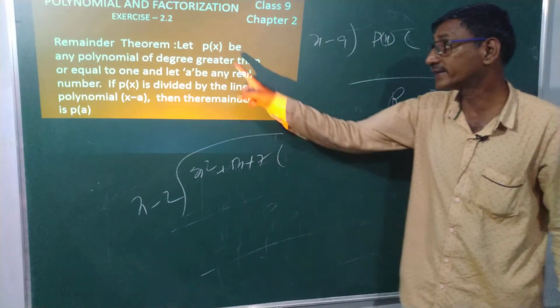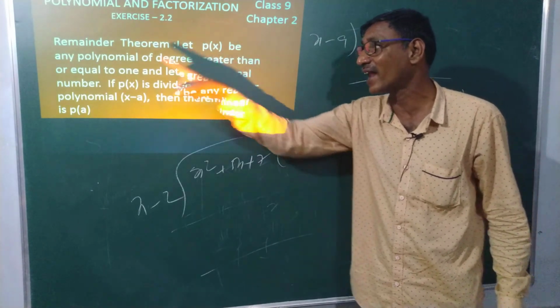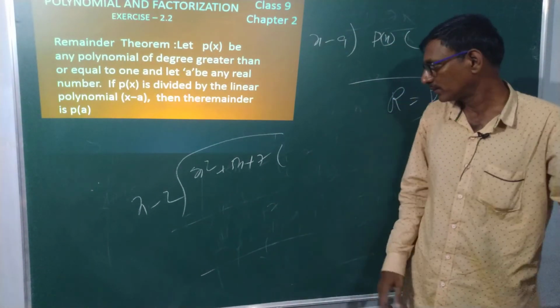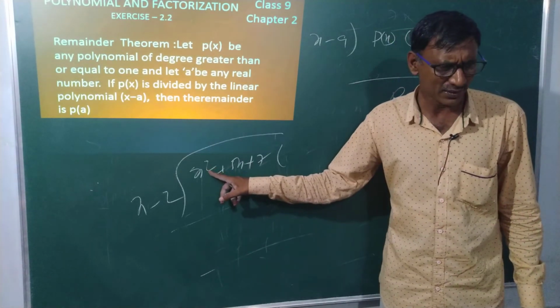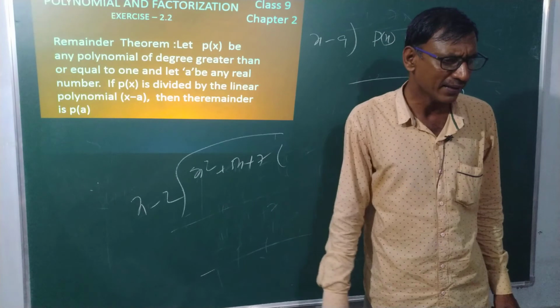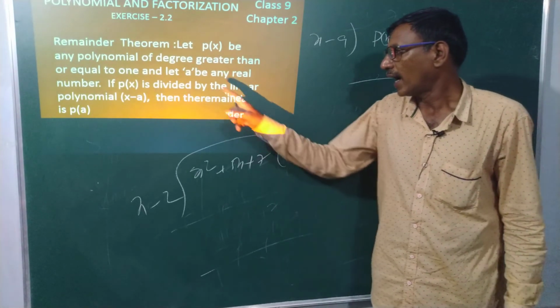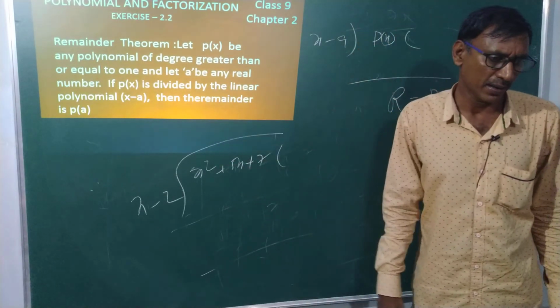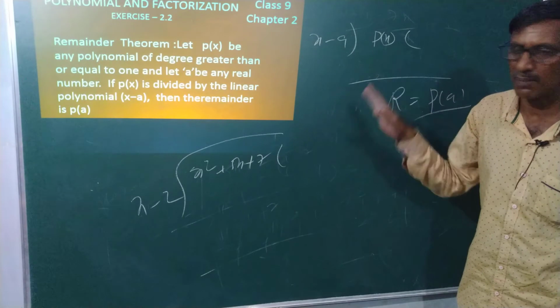Remember there, once again: let P of x be a polynomial of degree greater than or equal to 1. This may be 1 sometimes, or greater than 1 or 2. Let a be some real number.